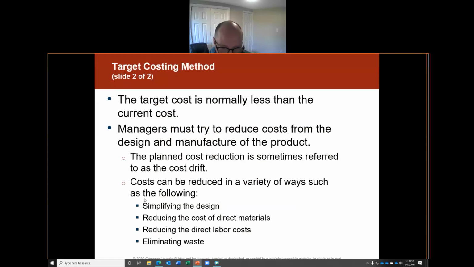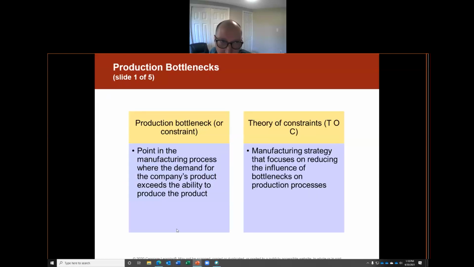Other reasons for the reduction in cost: simpler design, reduction of direct materials and direct labor, waste is eliminated, all those types of things. Which leads us into our next part of the discussion, production bottlenecks. A bottleneck is like a log jam, okay? This happens because there's too much water rushing down into a small area.